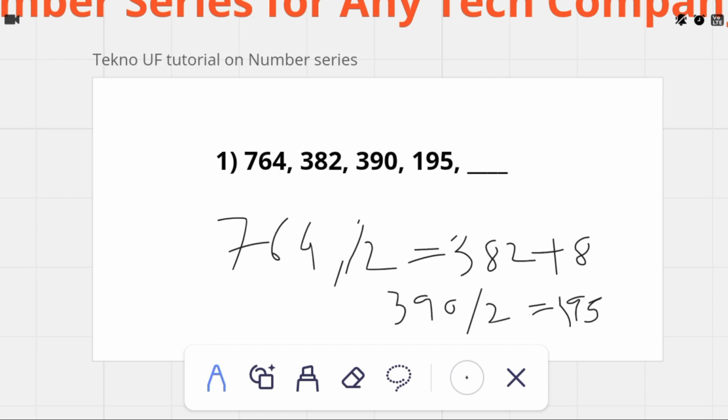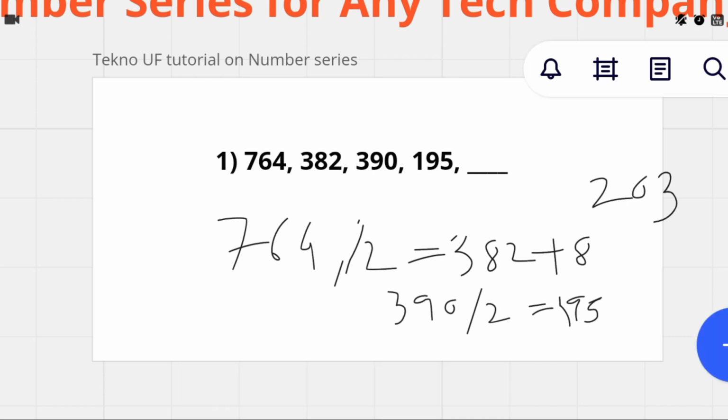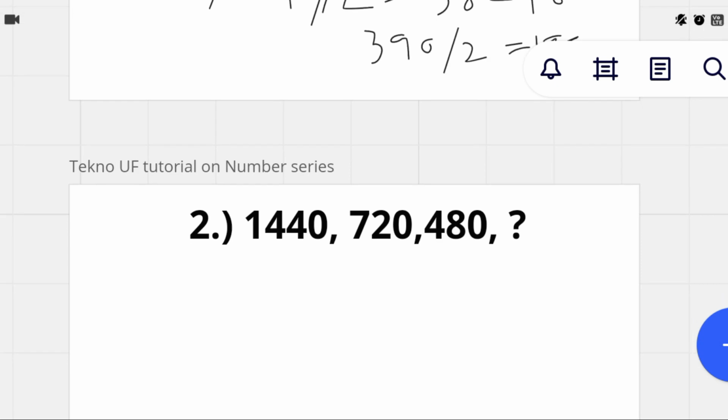Then I think you have got the next one, that is you have to add 8. Sorry, I said 2, but it will be plus 8. So to the number 195 you have to add 8, so the answer will be 203.